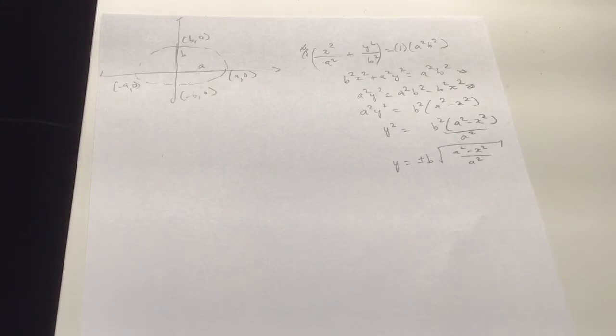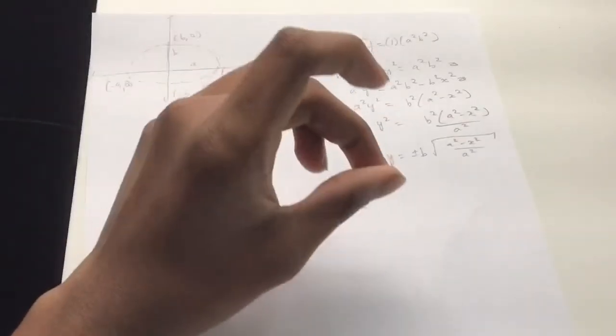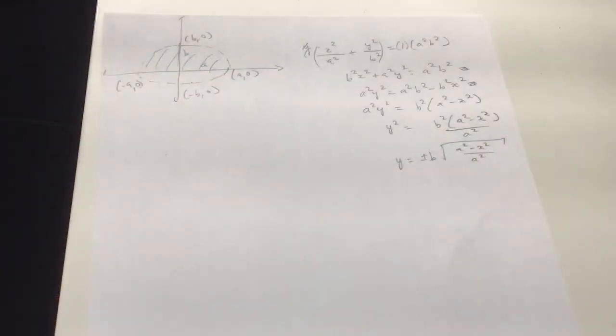But we see that it's not a function, because obviously the ellipse is not a function. This is because every abscissa point will have two ordinates. But we do note that if we take b root a squared minus x squared over a squared, we'll get the curve for the top half of the ellipse. And now this provides an easy result with integration.